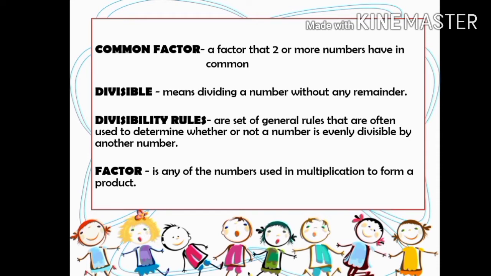These are a set of general rules that are often used to determine whether or not a number is evenly divisible by another number. Again, evenly divisible, meaning there will be no remainder left. Next, factor. What is a factor? A factor is any of the numbers used in multiplication to form a product.